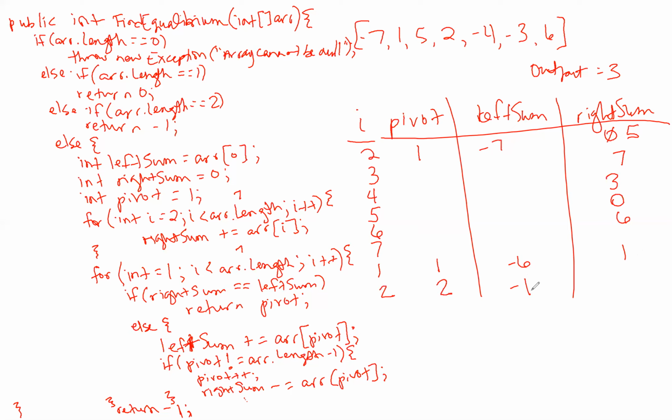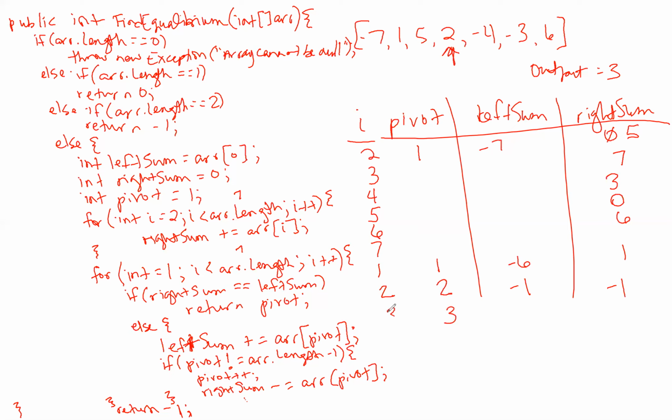If pivot does not equal array.length minus 1, so pivot is still 2, which is not equal to 7, or actually it would be 6, but 2 is not equal to 6. Then pivot++, so now pivot becomes 3. Then right sum minus equals array at pivot. So that would be at the 2. So 1 minus 2 is -1.